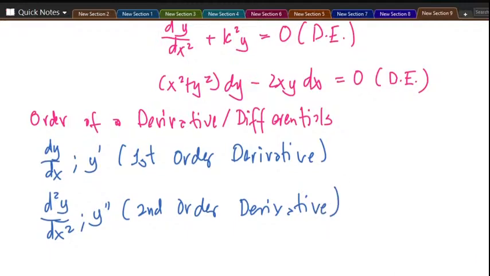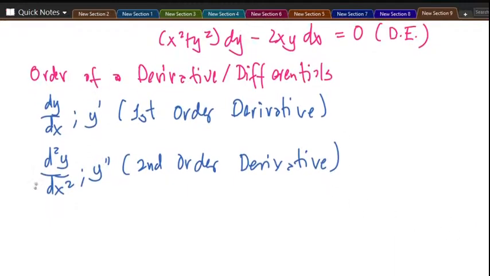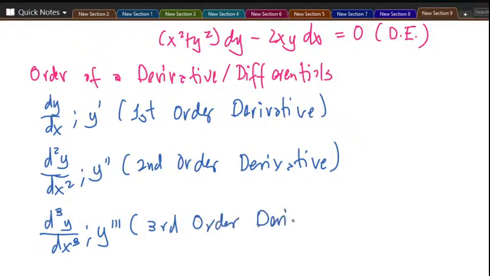Then we have the third order derivative, or the third derivative of y in terms of x. Then this is also y triple prime. So this is a third order derivative.